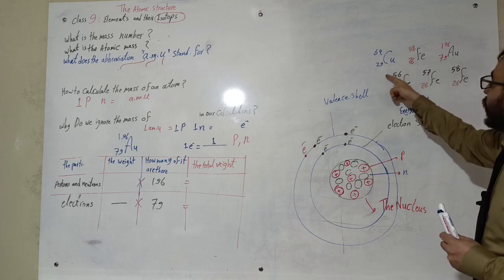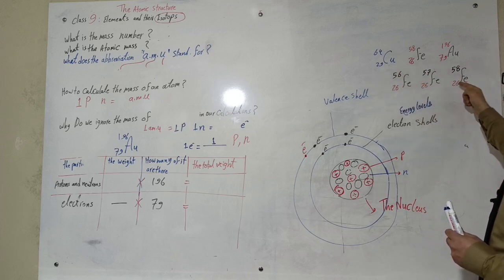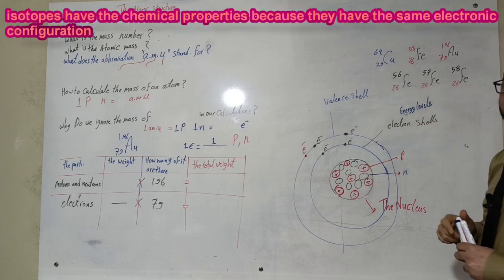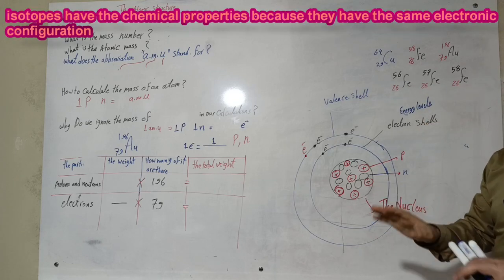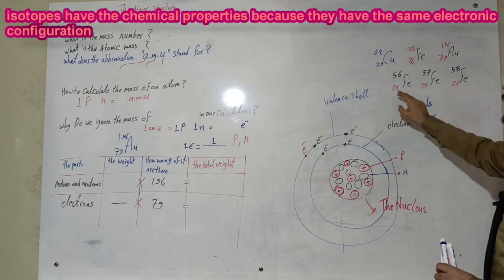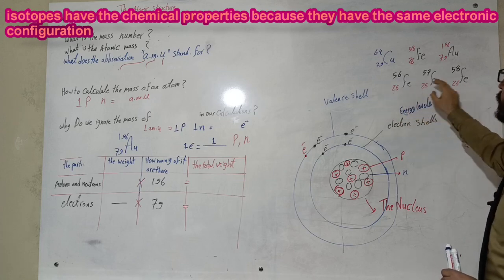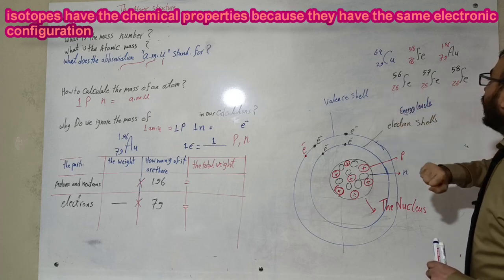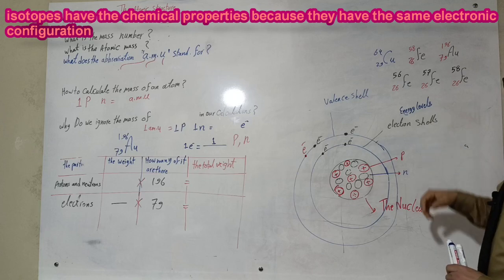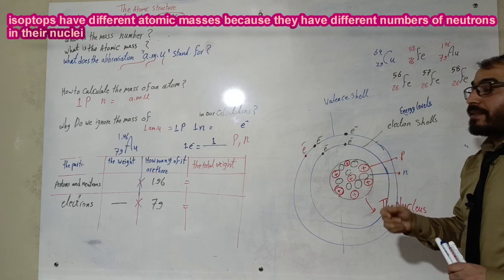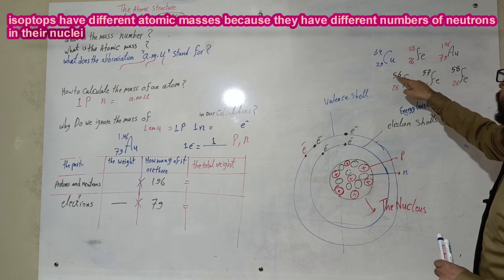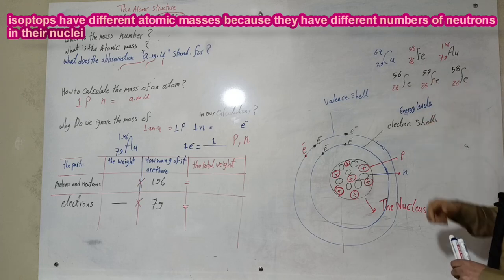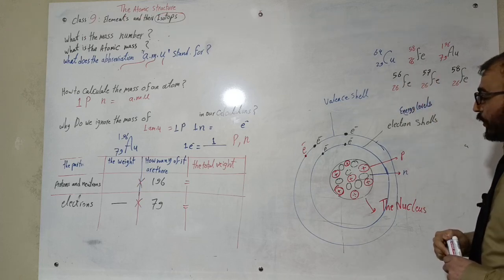So are those atoms different chemically? Chemically, they are the same because they go through the same chemical reactions and they belong to the same element, but they are different in terms of their masses. One of them is heavier than the other, and this one is heavier than those two.